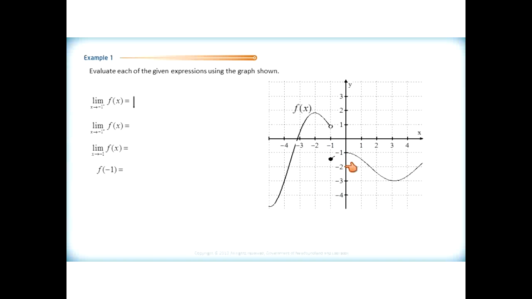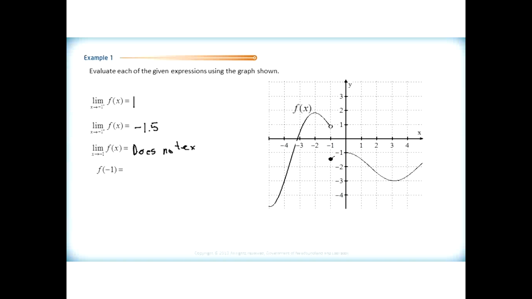I'm going to venture a guess that that's at about -1.5. So let's fill that in. We're going to say that our limit from the right is about -1.5. Then we want to evaluate the limit overall as x approaches -1. Since our left and right hand limits don't agree, this one does not exist.